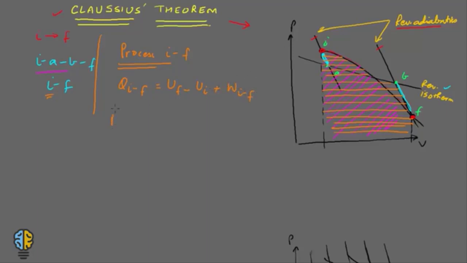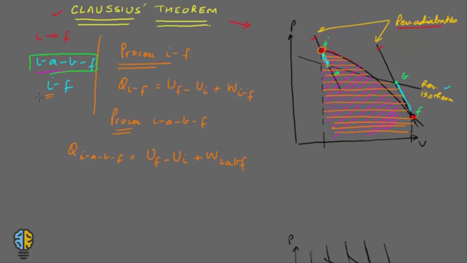Then let's apply the same for the process IABF. You get Q for IABF is equal to UF minus UI plus WIABF, since you are still going from I to F.